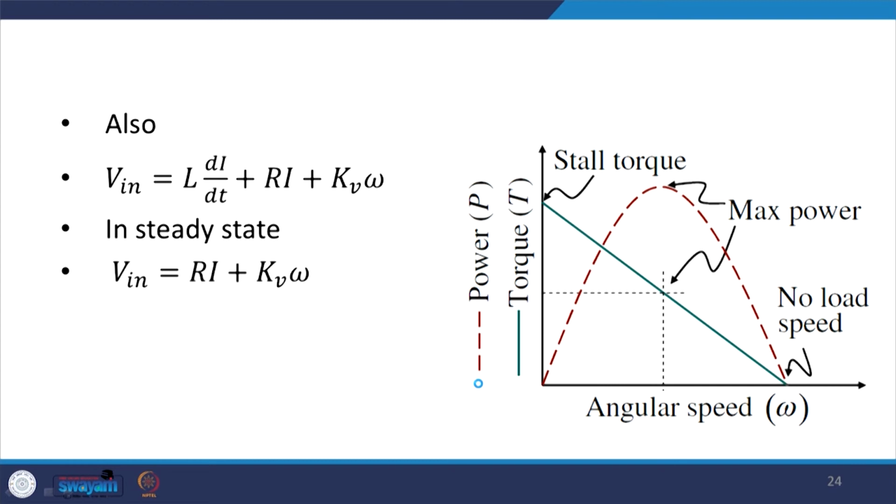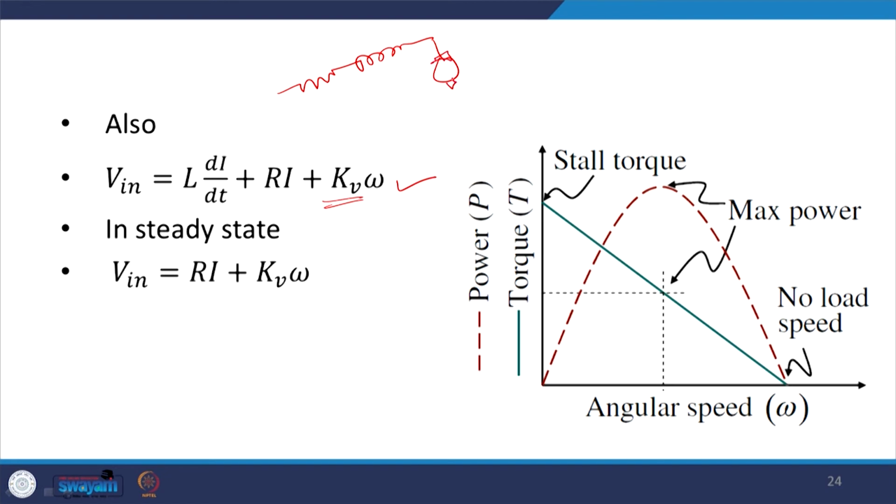And also the V in is basically L di by dt plus Ri plus Kv omega, because you see that we have modeled the armature as resistor and inductor here.